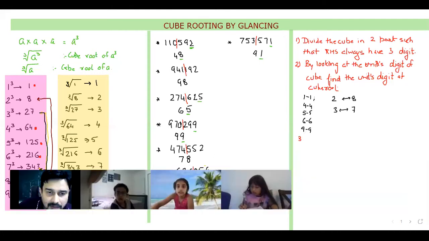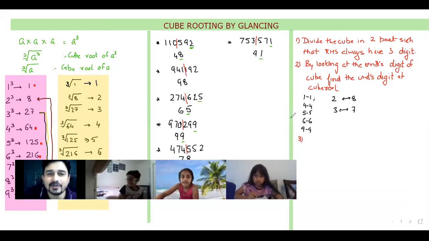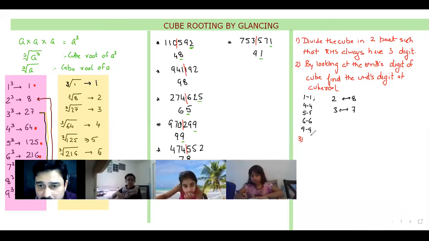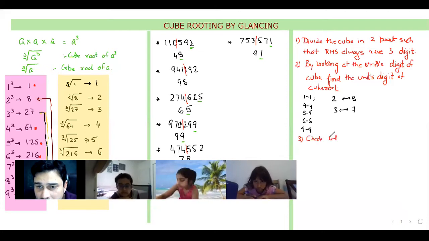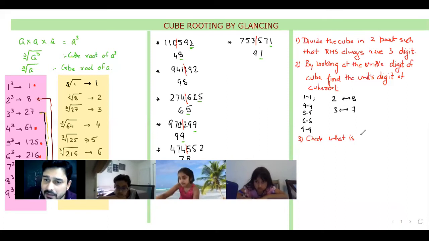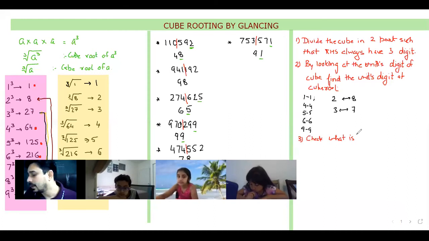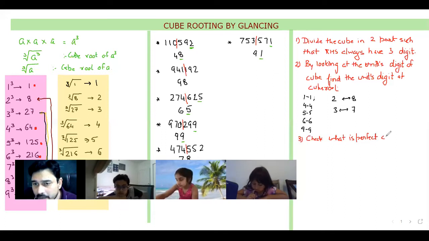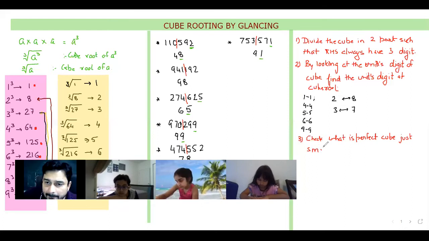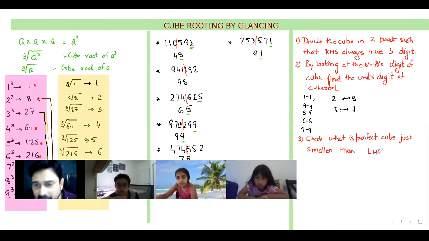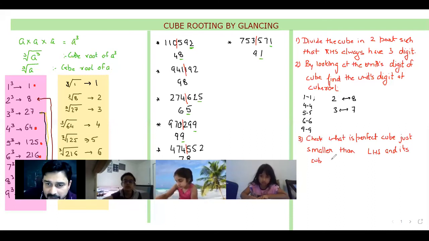So what you have to see, check what is the perfect cube just smaller than LHS, and write its cube root. I will explain.